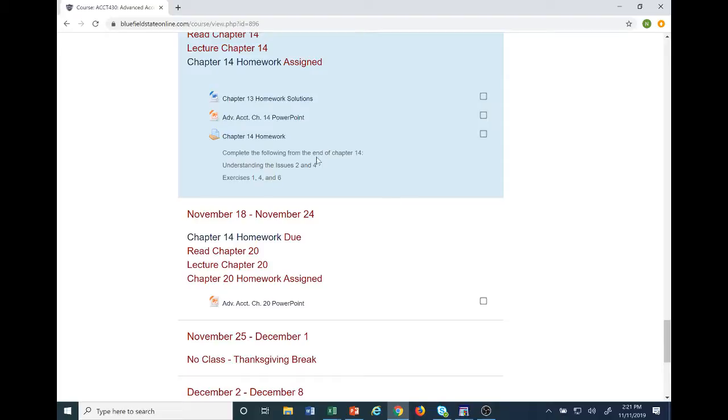Homework grades are already strong, so it shouldn't have that much of a bearing on the grade. But so at this point, moving forward, I probably will not post the homework solutions prior to them being due. But then again, I might. So just keep your eyes out for that. But please do go ahead and attempt chapter 14 homework as it is due next Monday.